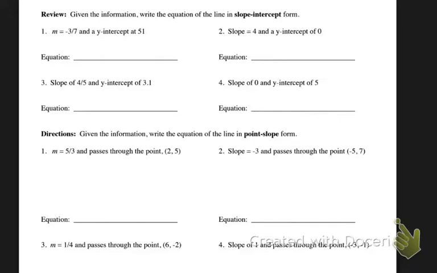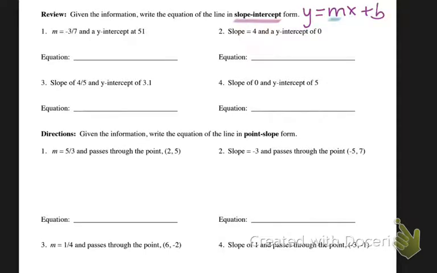This is our 6.5 day 1 notes, but we are looking on the back. The first question wants us to write the equation of the line in slope-intercept form, which is y equals mx plus b.